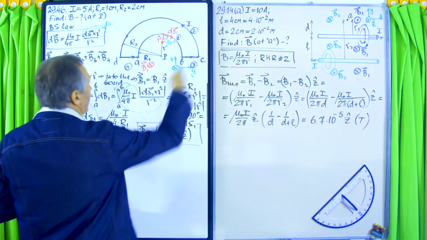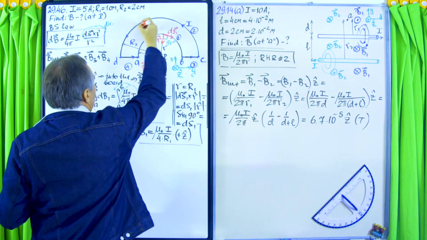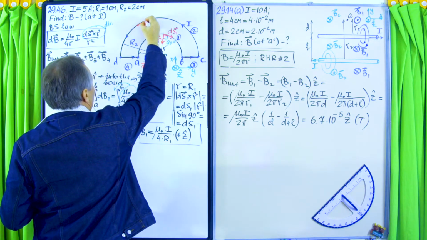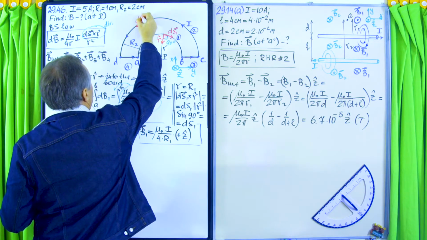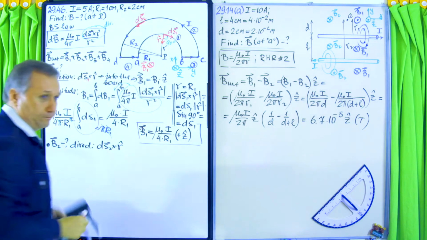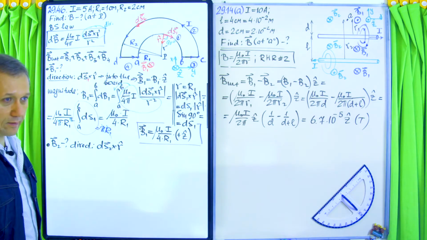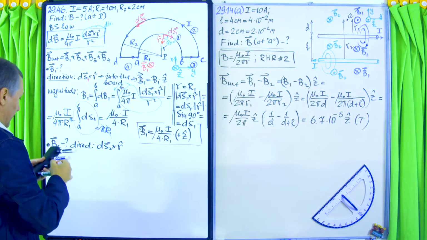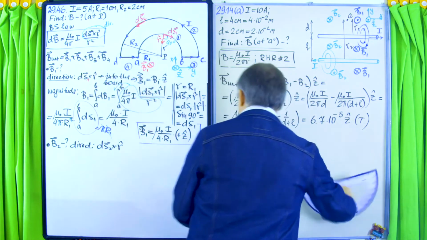Okay, ds2. Again, it will be over here on the largest semicircle, and direction of ds is determined by the direction of the current. So this is ds2, current that way. So that's why I align ds that way. Then r, you know what, I use my ruler.